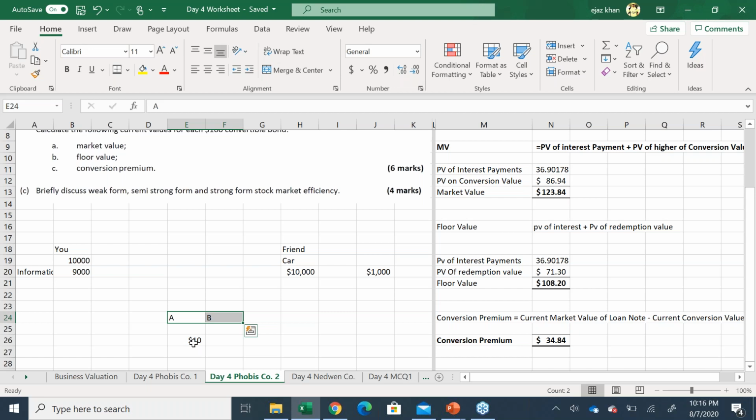So now tell me, do you think that any stock market in the world will have a weak form of efficiency, especially in this era of communication? Weak form of efficiency is a theoretical form of efficiency.